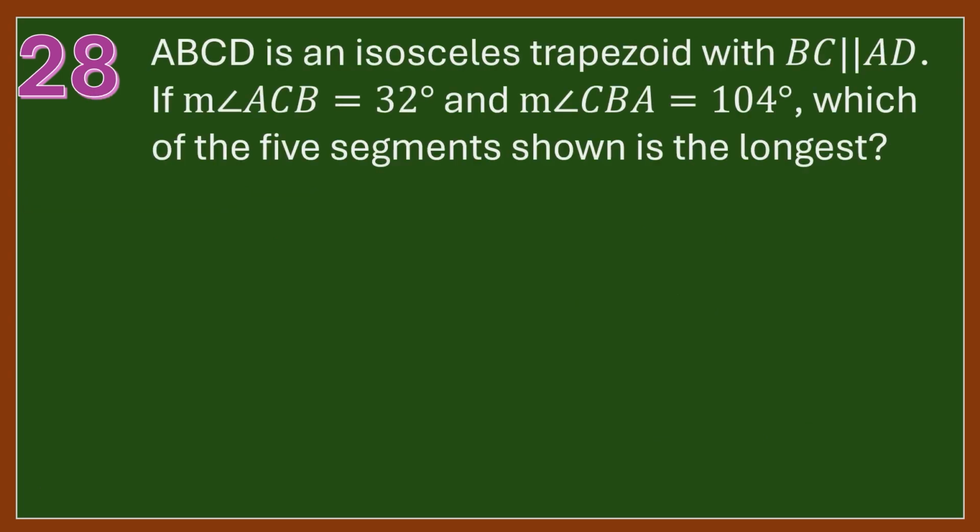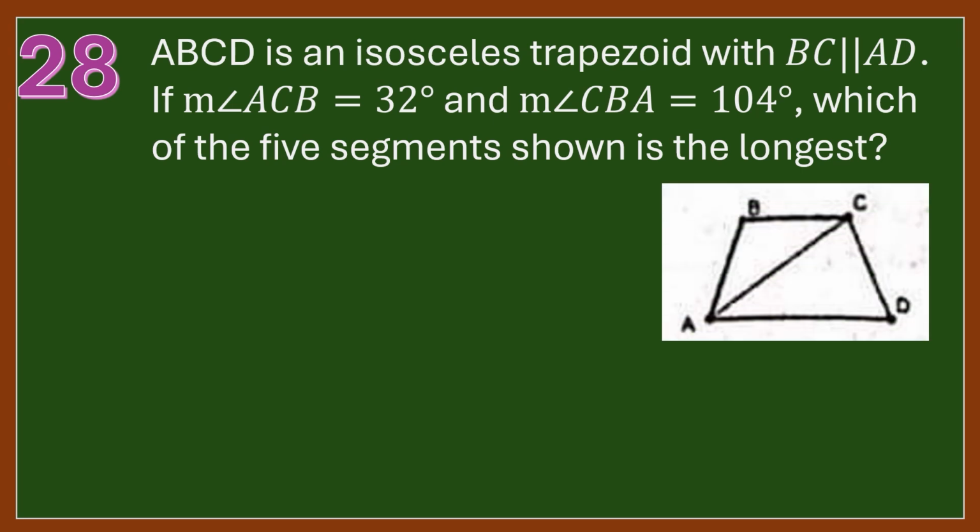Number 28. ABCD is an isosceles trapezoid with BC parallel to AD. If the measure of angle ACB equals 32 degrees and the measure of angle CBA equals 104, which of the five segments shown is the longest? For our suggested solution, let us see the diagram. We know that angle ACB is 32.